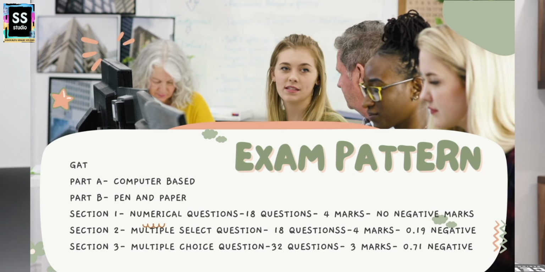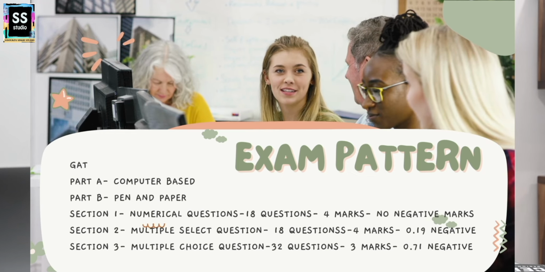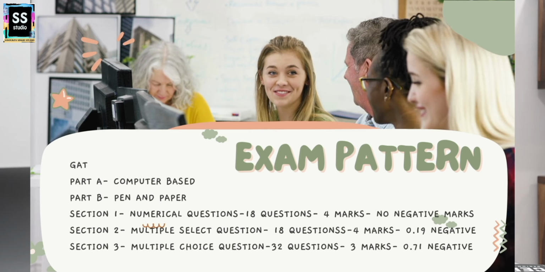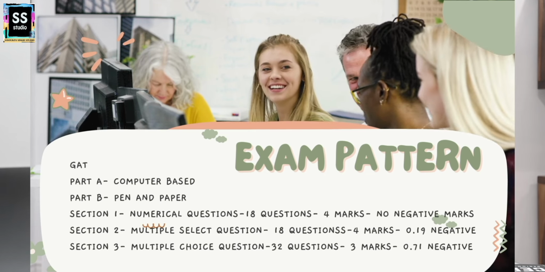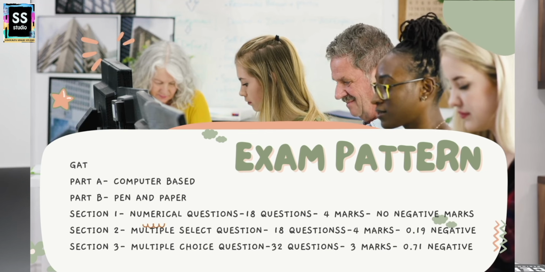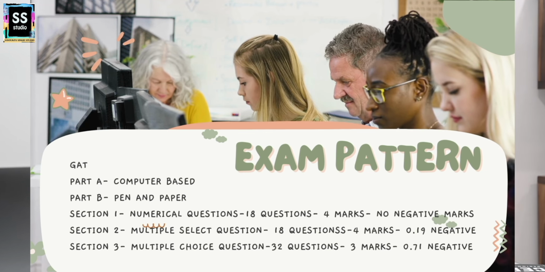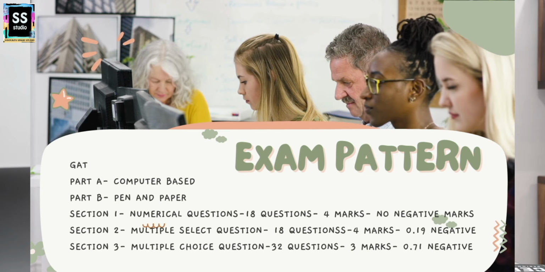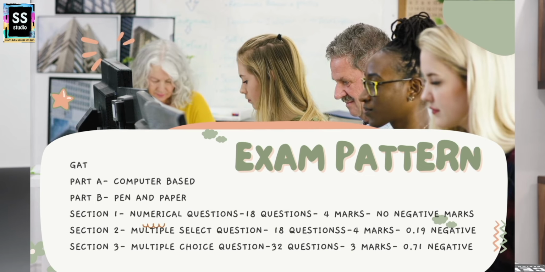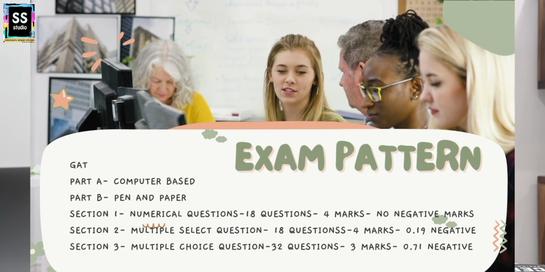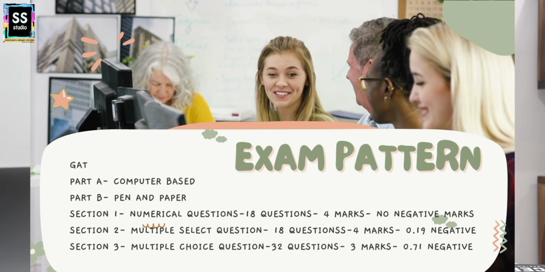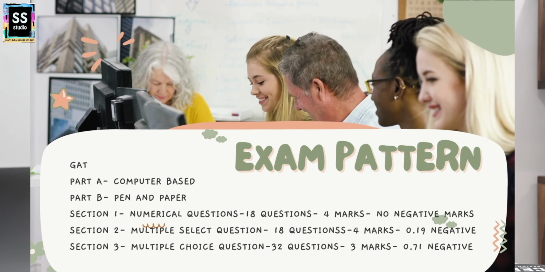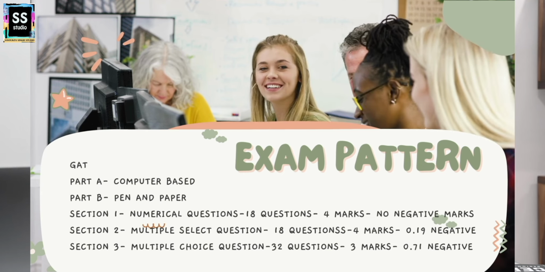Here you are going to get 18 questions of 4 marks each, and there are no negative marks. The second category is multiple select questions. Again there will be 18 questions, 4 marks each, but there will be negative marking of 0.19. For every wrong answer you give, 0.19 marks will be deducted.